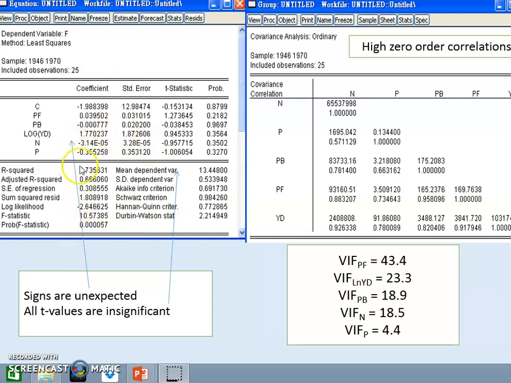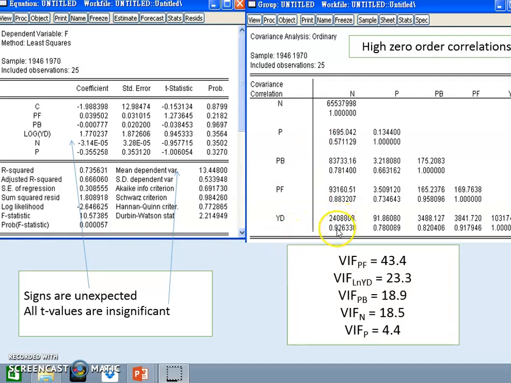So that's one of the indications that there might be the problem of multicollinearity. And if we look at the zero order correlation, even though we have five independent variables, we can look at all the correlations, for example between PF and PB, PF and YD, PF and N, PF and P. This is YD and N. Okay.